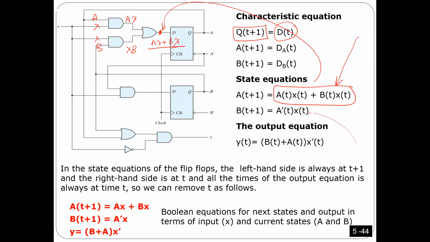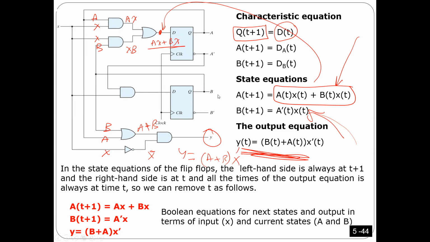The output equation for Y: this one is B, this one is A, this one is X, so this one is X prime, this one is A or B. So actually Y is equal to (A or B) X prime. Very simple.